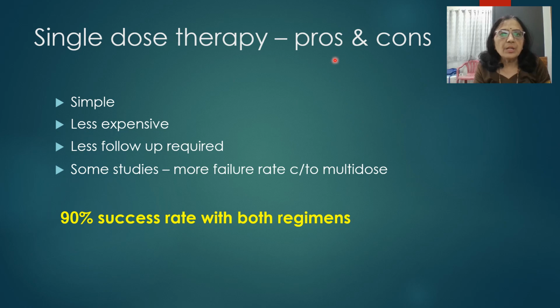Now the single dose therapy pros and cons: it is simple, less expensive as compared to multi-dose, less follow-up is required, but some studies show that there are more failure rates with single dose as compared to multi-dose. Overall, if we see all the multi-dose, single dose or two-dose regimens, there is a 90% success rate with all these regimens.